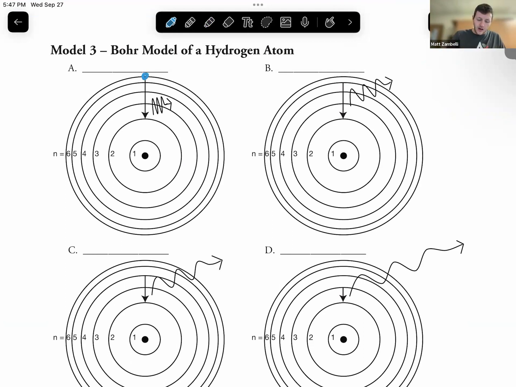So if we follow along, we can see that this one starts at n equals 6, and then we can see that it goes to the tip of the arrow, which is down here at n equals 2. So then we say n equals 6 to n equals 2. You need to do that for the other 3 and decide where they're starting and where they're going.